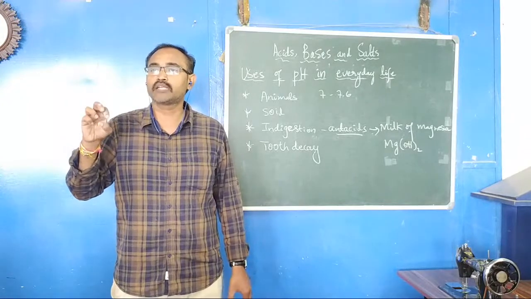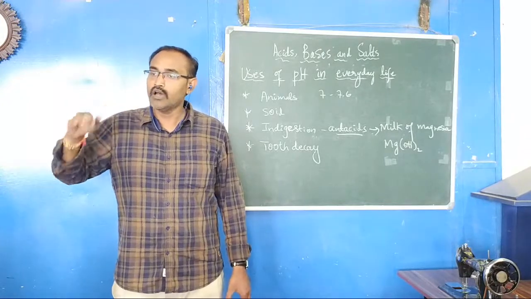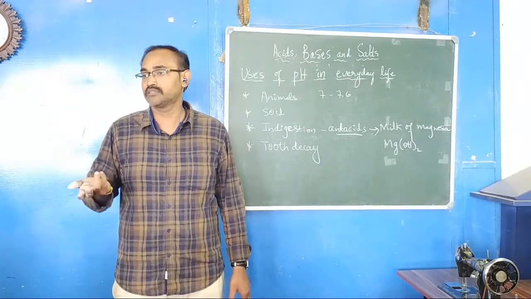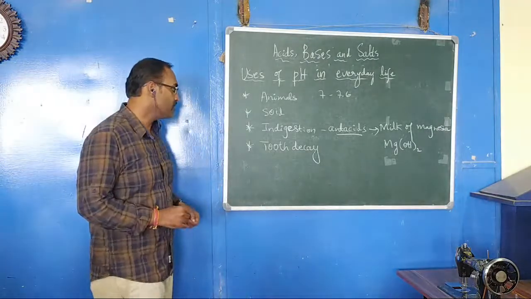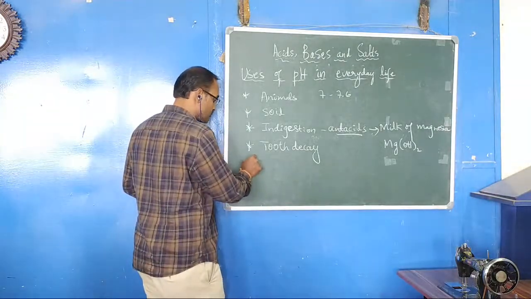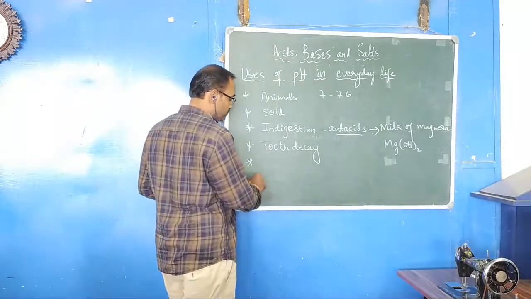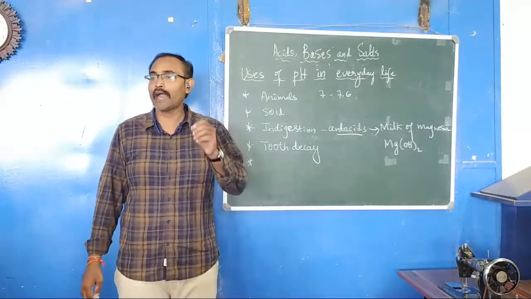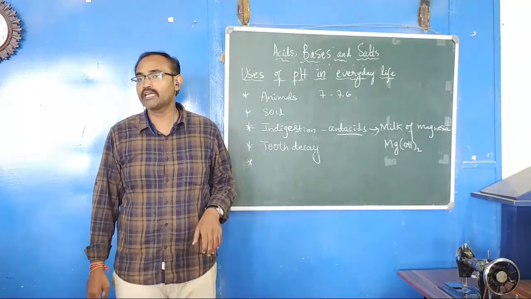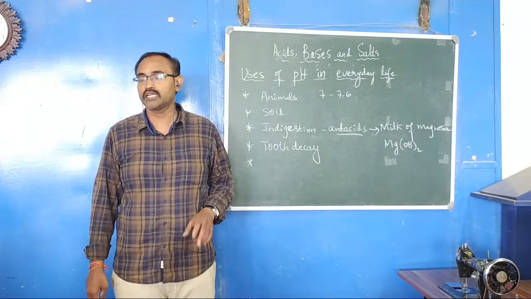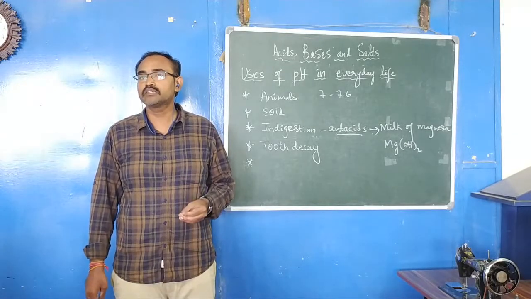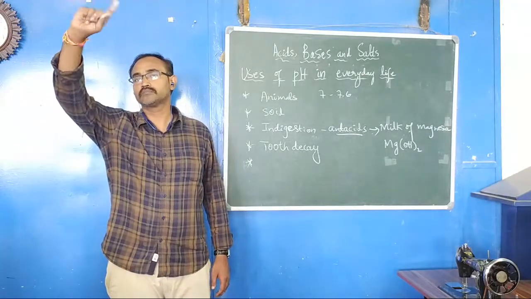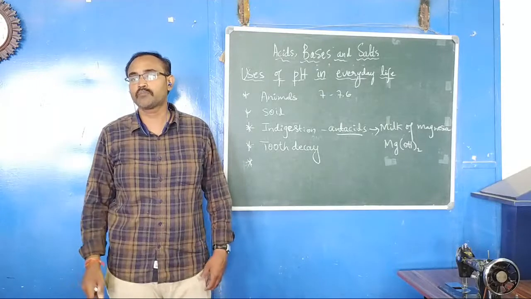Calcium hydroxyapatite is the hardest substance, which tooth enamel is made up of.